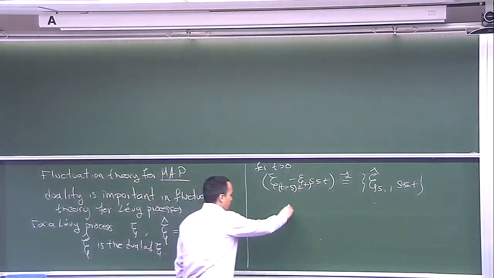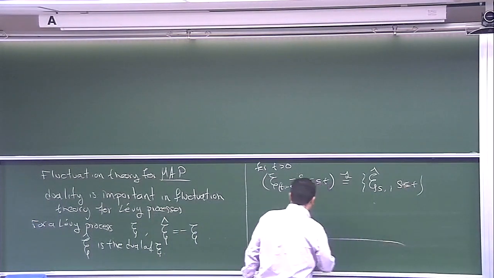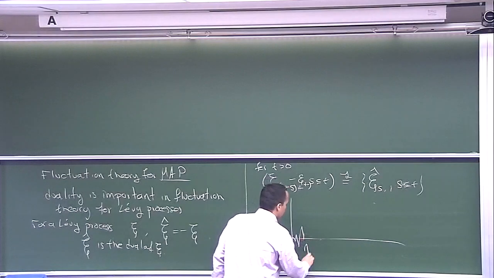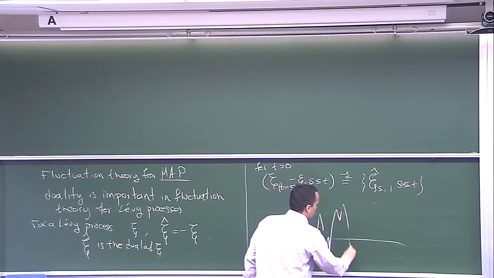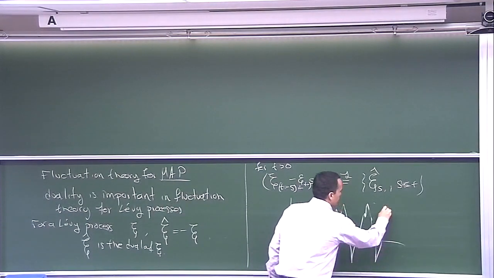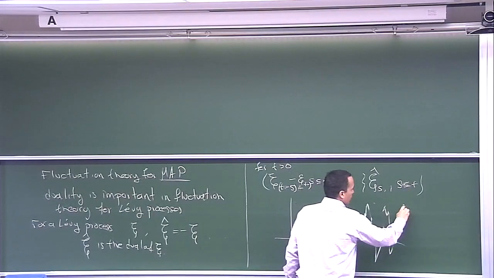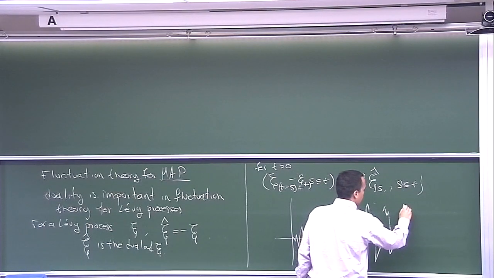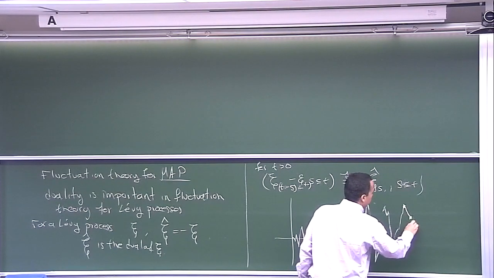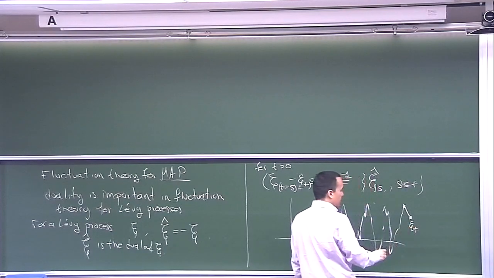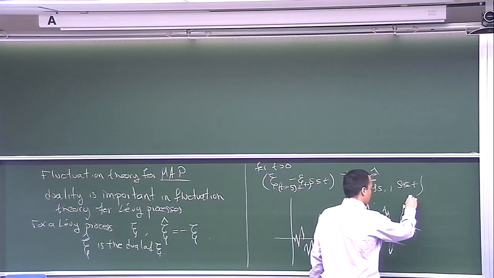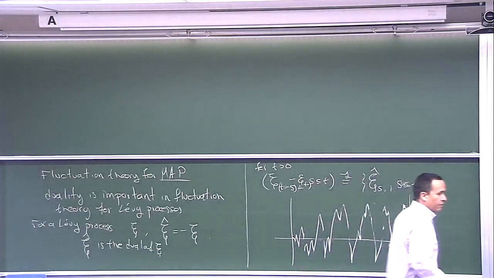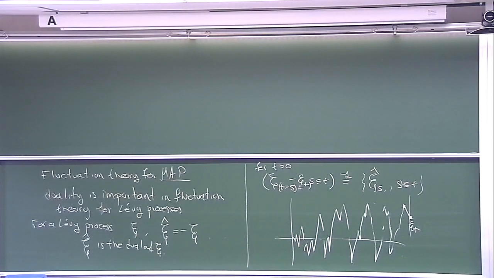So when I take the path of the process, I take the position at time t, and then I read this process backwards.